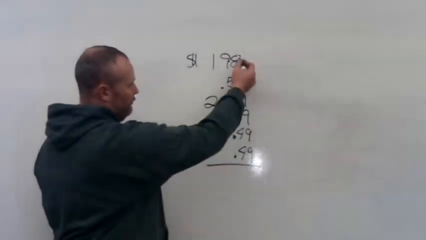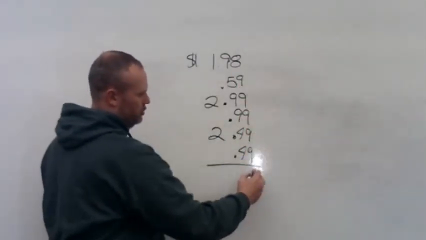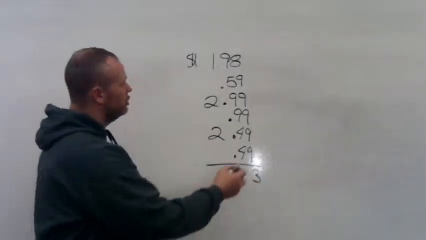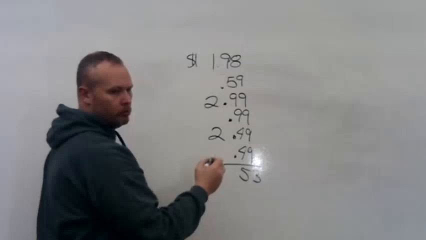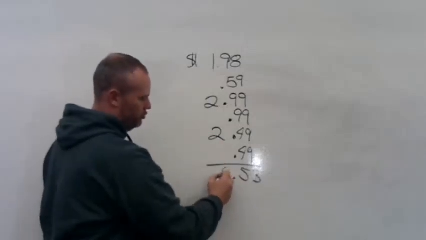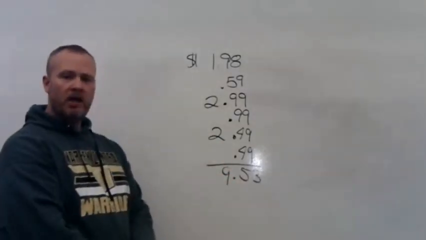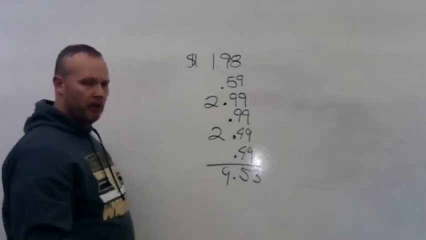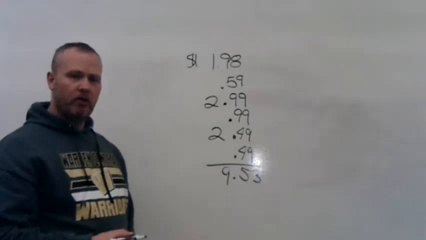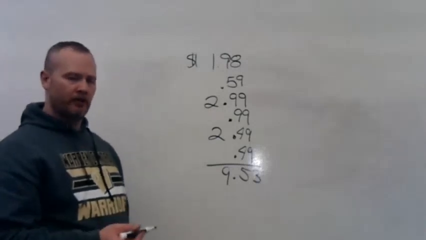We will add all of these up. We get a total of $9.53. We also have to remember, by taking the average, we have to know how many items we actually purchased.